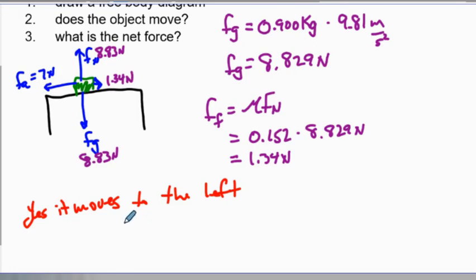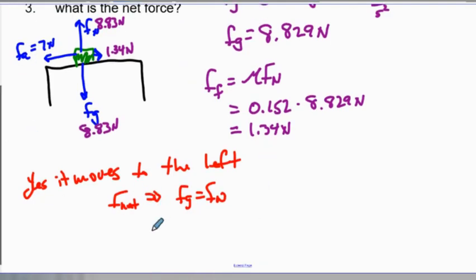What is the net force? Well, the net force is where we do our vector analysis of all the forces. And what I'm seeing is that up and down, the force of gravity equals the normal force. So there's no net up or down. But what I'm also seeing is that FA is greater than FF.